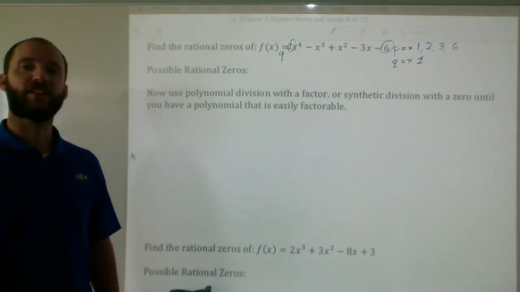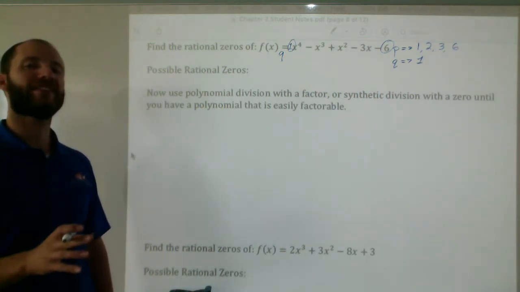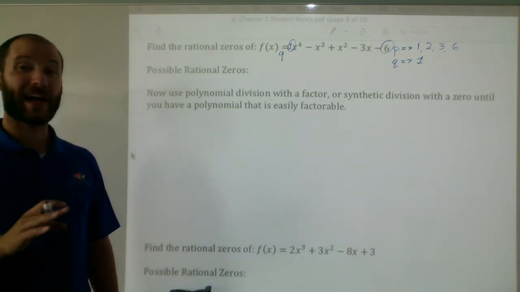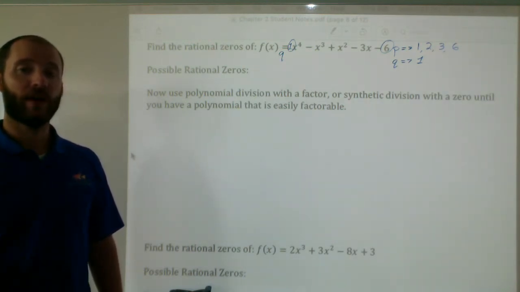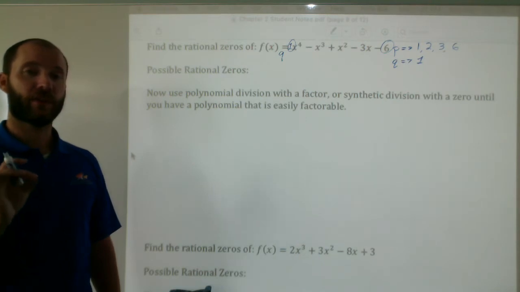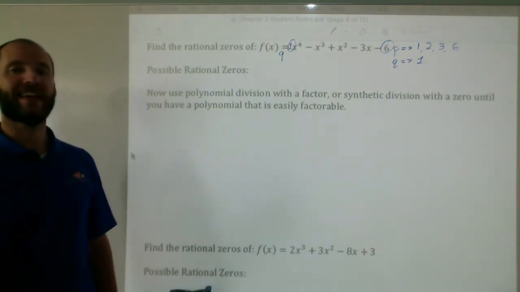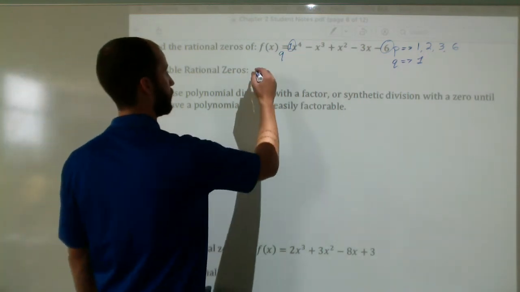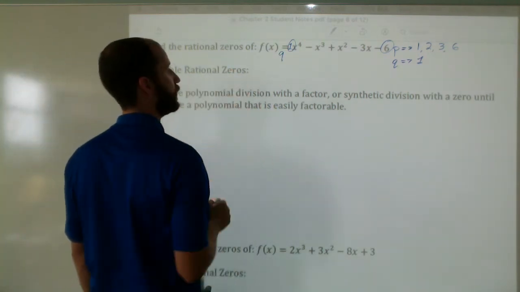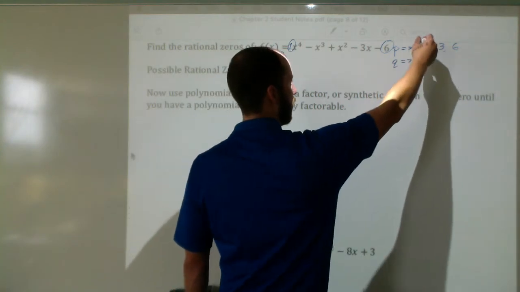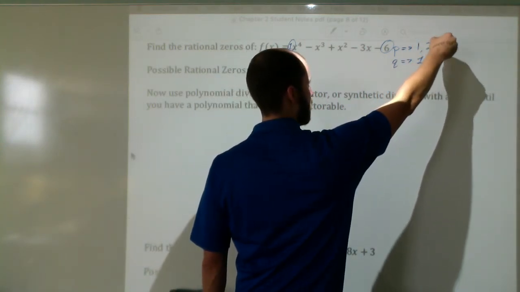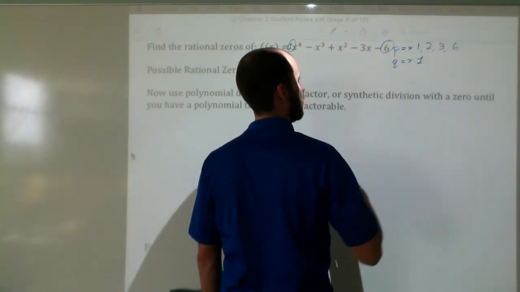So let's generate a list of all the possible rational zeros. We're not saying all of these are zeros. If the curve crosses the x-axis, it'll be at any of these spots. So our possible rational zeros are all of the values of p over all the values of q.